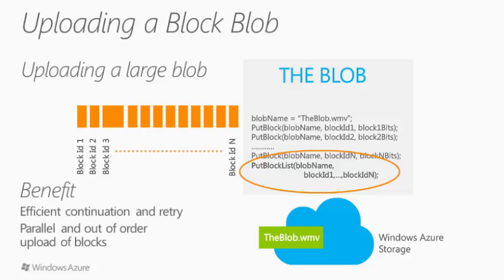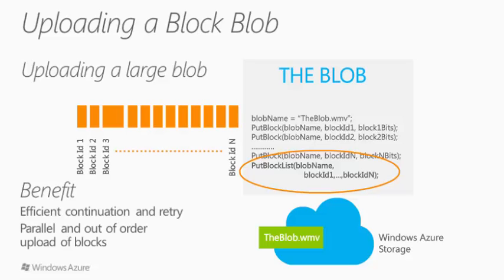And this approach gives us several benefits. The first one is efficient continuation and retry, because if you were able to upload, I don't know, maybe 9 chunks out of 10, and one chunk failed, you can easily re-upload this chunk, and after that you will be able to join all this stuff in the cloud directly.